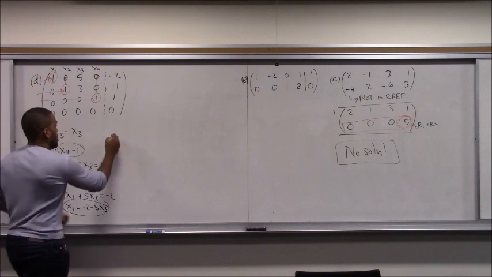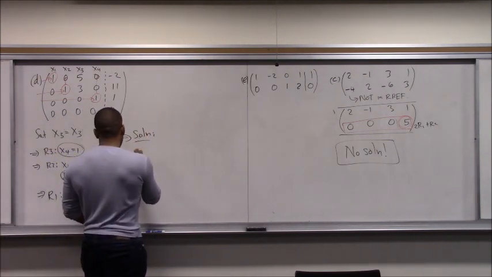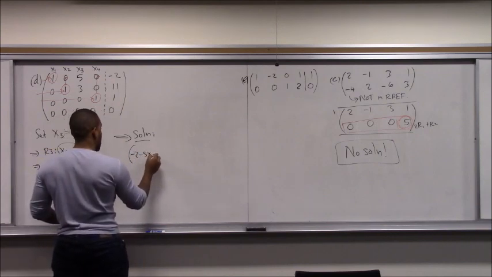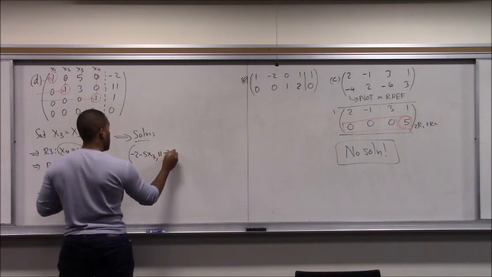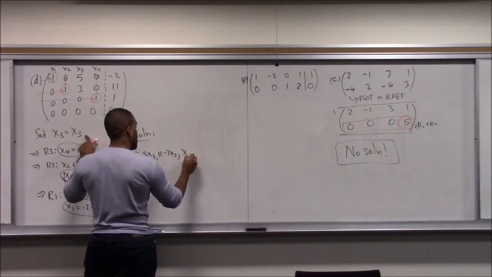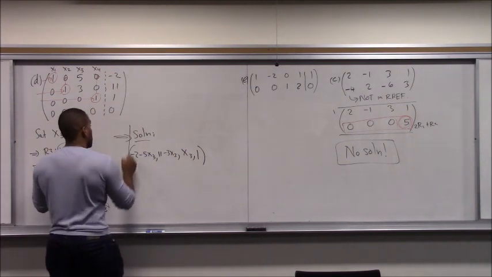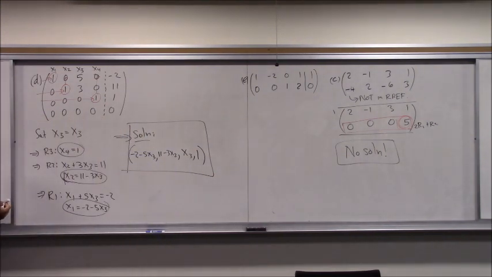And so my solution is going to be x1, x2, x3, which is just itself, x4, which is a 1. So that's the solution.